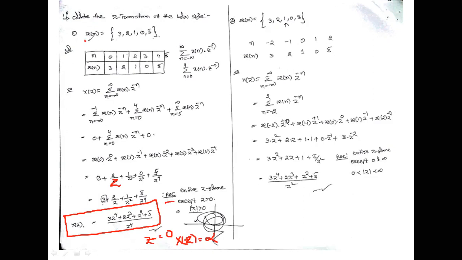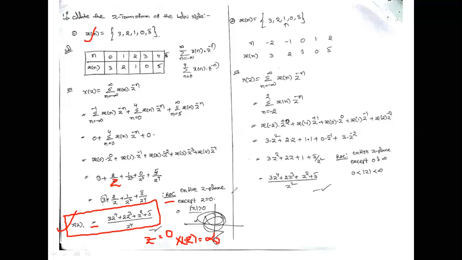For the given sequence x of n, we got the function x of z equal to 1 by z power 4 into the function. When z is equal to 0, the function becomes infinite; except this value, for all the remaining values of z it exists. That is, you get a finite value.